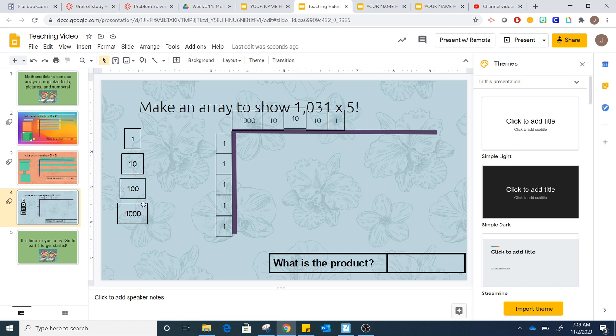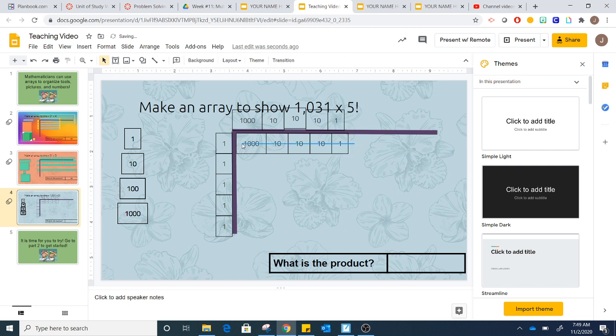1 times 1,000 is 1,000. So I'm going to bring 1,000 over. 1 times 10 is 10. 1 times 10 again is 10, and again is 10. And 1 times 1 is 1. And then I'm going to have 5 rows of this.